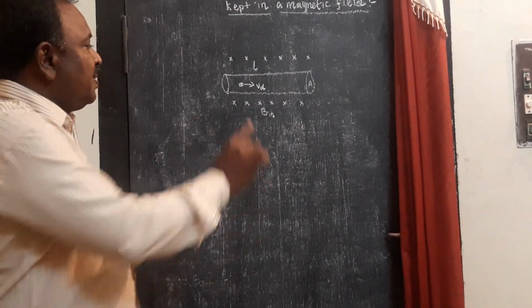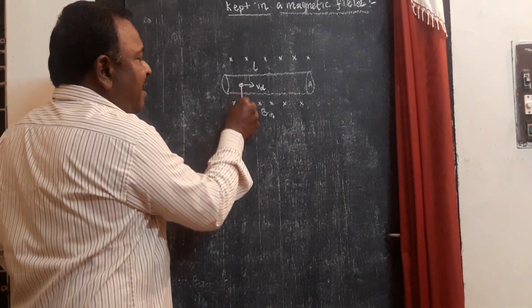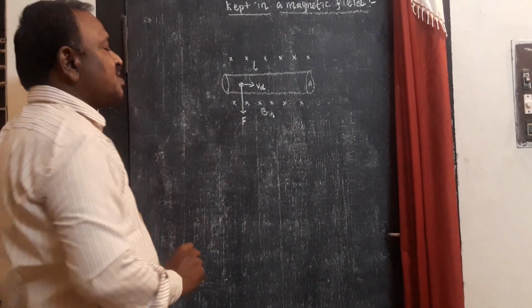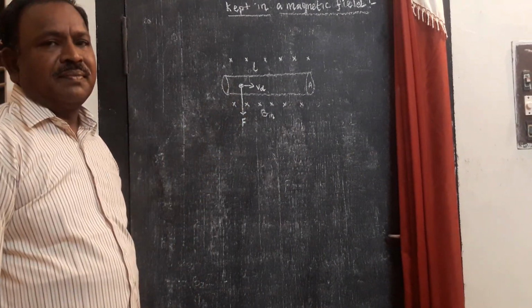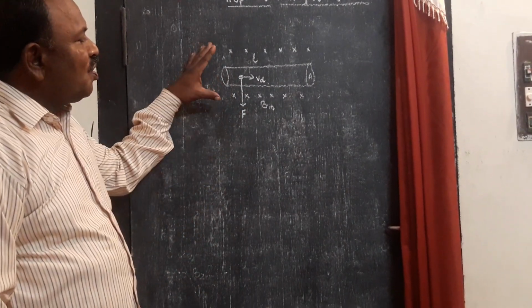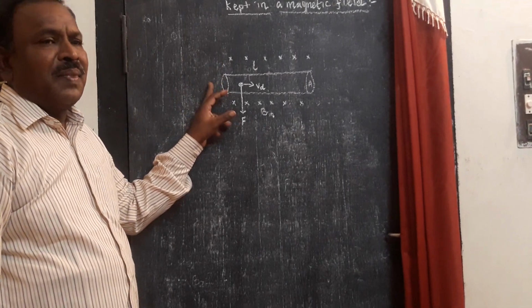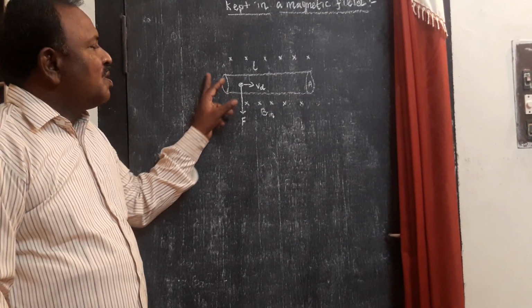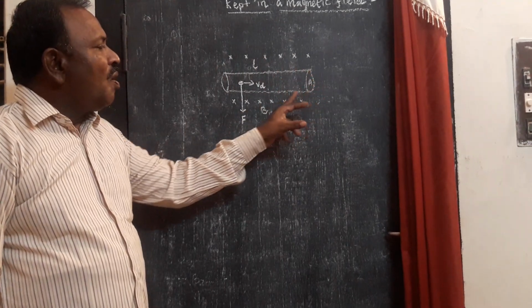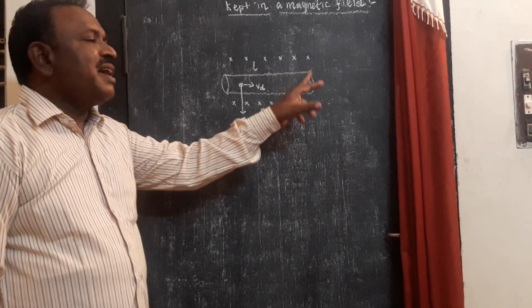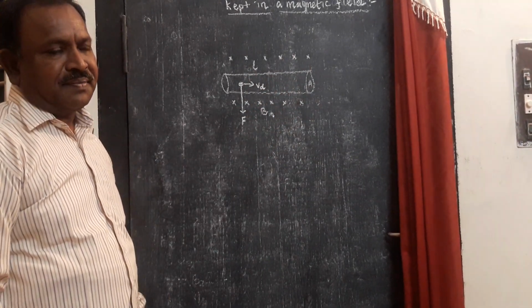These electrons will experience a force. This is the force on that electron. Now, to find the force on this conductor, I have to find the sum of all Lorentz forces on the individual charge carriers in this conductor.